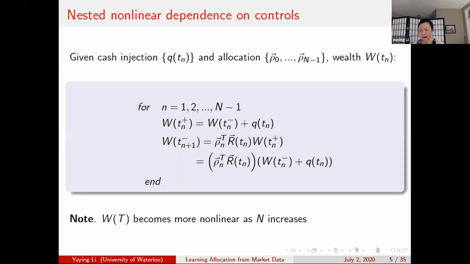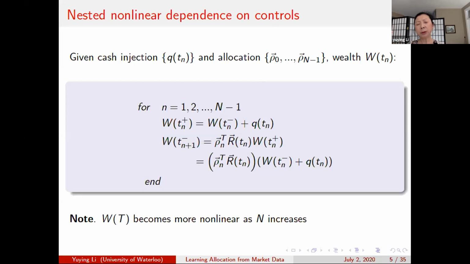Now, in addition to the fact that we are looking for control functions at each rebalancing time, this optimization problem is also challenging in the sense that my objective function depends on final wealth, even if that objective function itself is simple, could be quadratic, could be piecewise quadratic, or could be some smooth function.